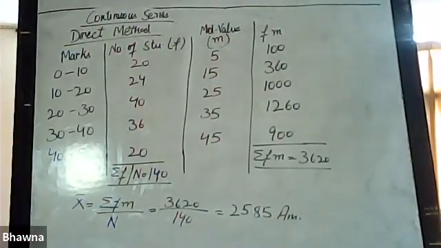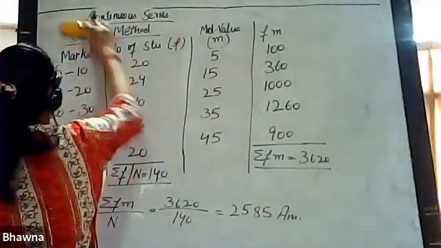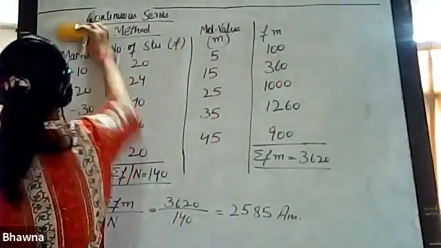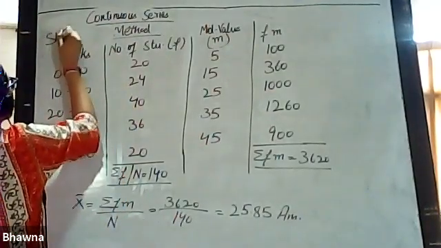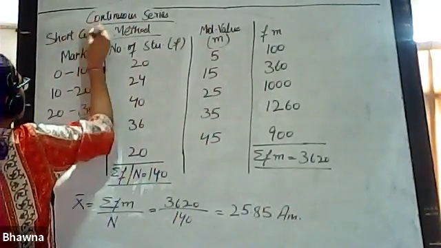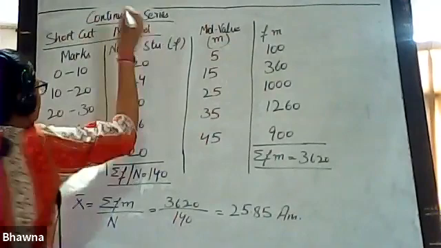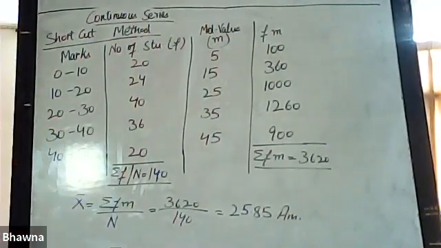After that, we have to solve another sum with the help of the shortcut method. We take the same example to solve by the shortcut method. In the shortcut method, now we also have to calculate the value of d.